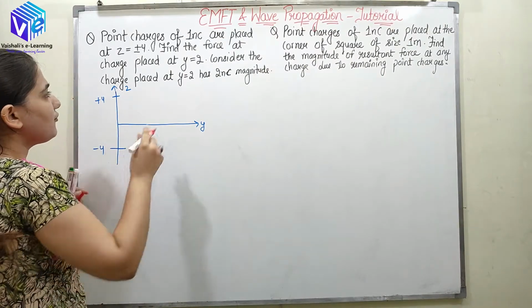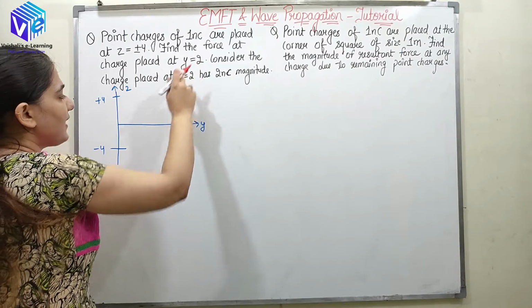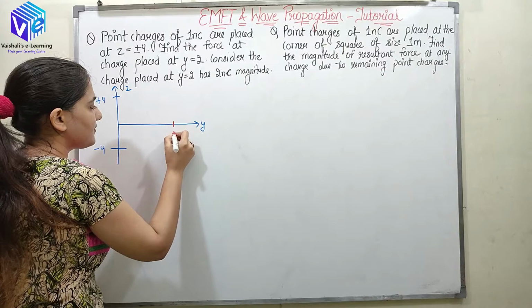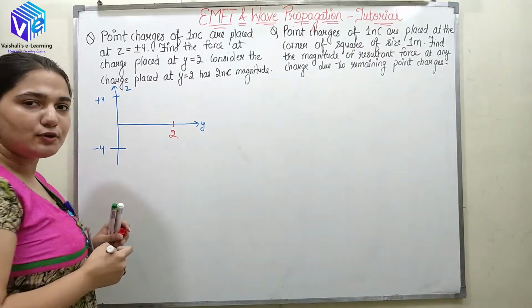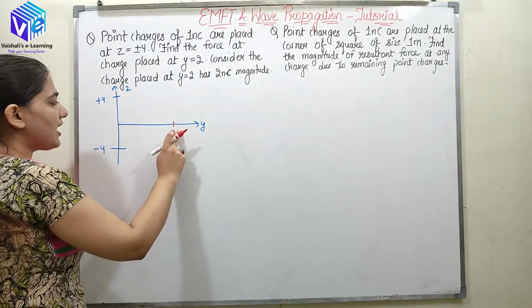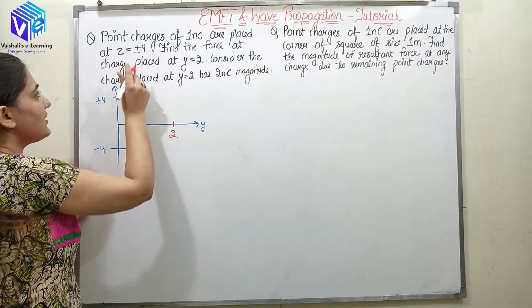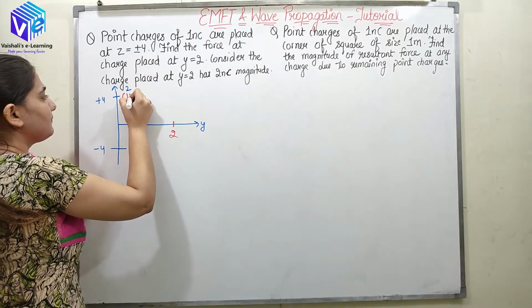Now we need to find the force at the charge which is placed at y equal to 2. Let's suppose this is y equal to 2, and I need to find the force due to these two charges at this charge. What is the value of the plus 4 charge? It is 1 nanocoulomb.